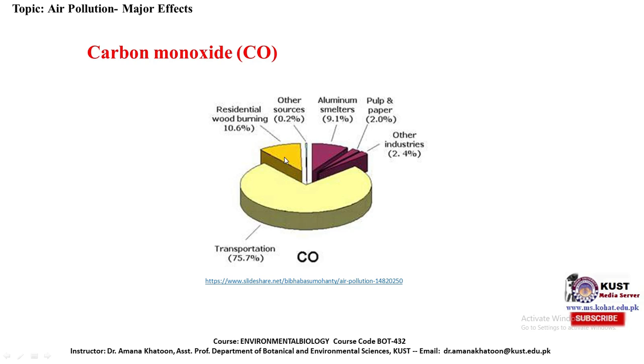The other sources for carbon monoxide include residential wood burning at about 10.6%, aluminum smelters about 9.1%, the pulp and paper industry around 2%, and other sources 2.4%. So these were the sources through which carbon monoxide is discharged into the environment.